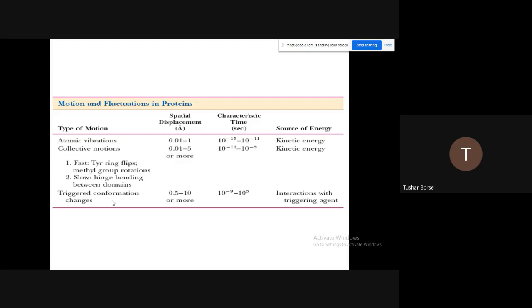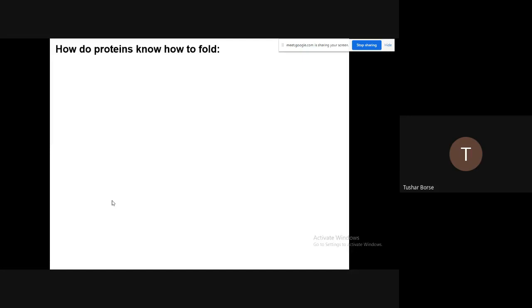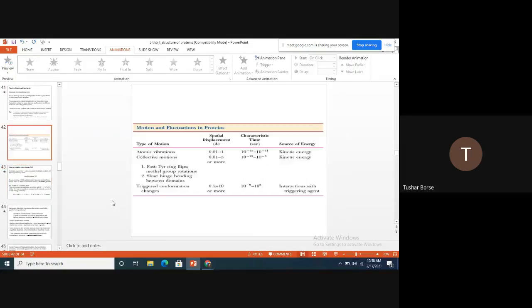So with all these things I have told you, you should be able to understand how a globular protein is formed and how it functions. After knowing this, the question comes: how do proteins know how they have to fold? That is what we are going to discuss in the next lecture.